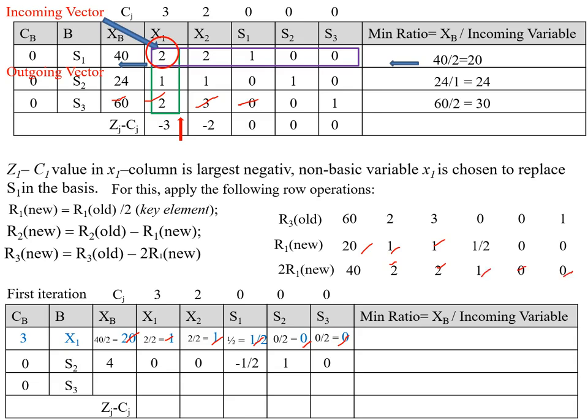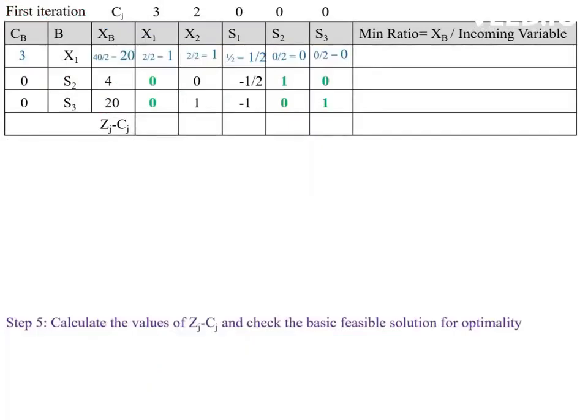R3 old minus 2 R1 new gives the R3 new elements: 60 minus 40 is 20, 2 minus 2 is 0, 3 minus 2 is 1, 0 minus 1 is minus 1, 0 minus 0 is 0, and 1 minus 0 is 1. So these are the new simplex table elements. This is the new simplex table.